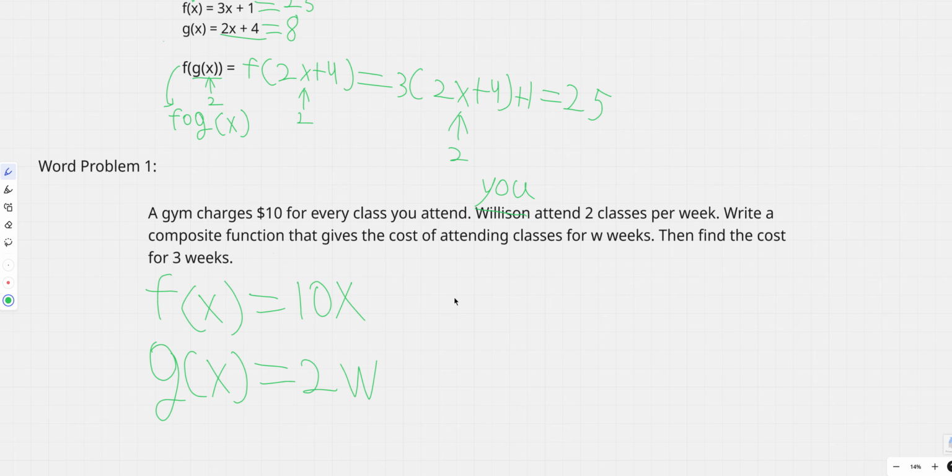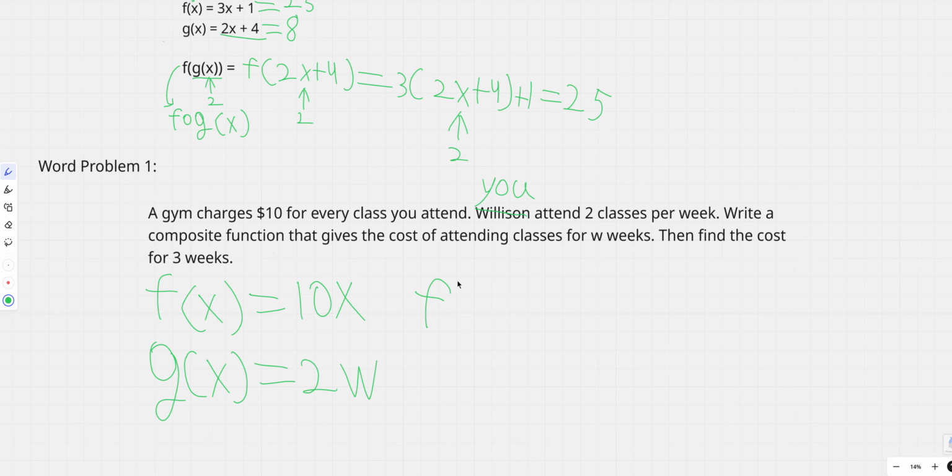So to write a composite function that gives the cost of attending classes for W weeks, we need the input to be weeks, so we can find the classes, so we can find the cost.